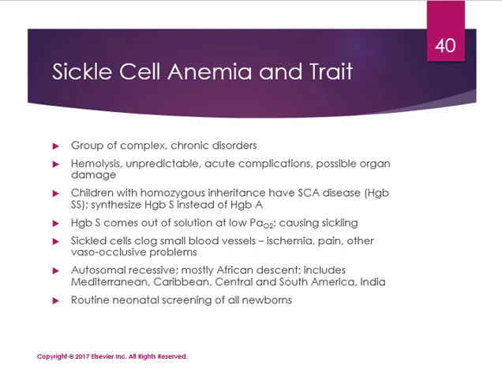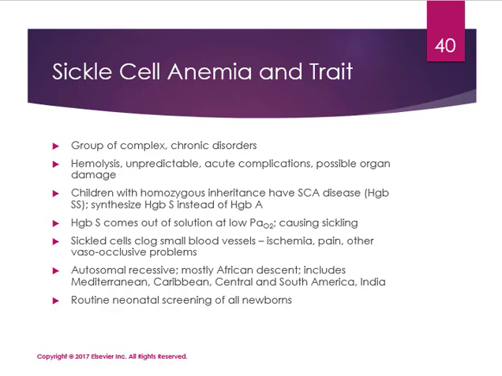So let's now talk about sickle cell anemia and traits. It's a complex disorder that is chronic in nature. With it, you see hemolysis, unpredicted complications related to that hemolysis that can be life-threatening but also can cause organ damage.